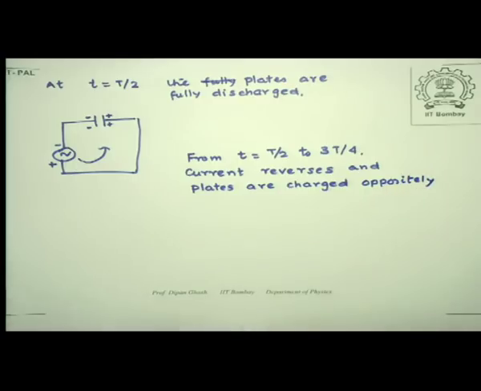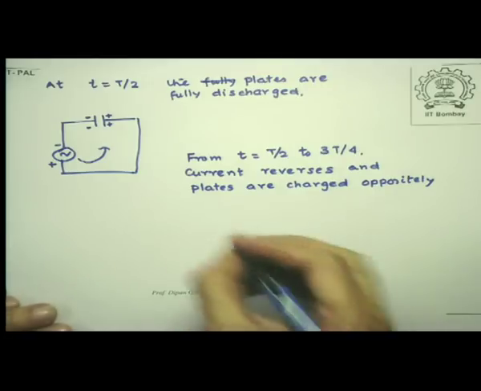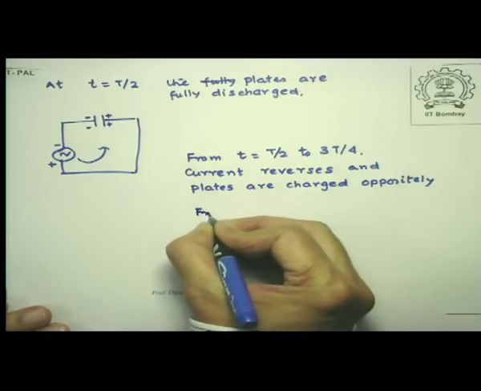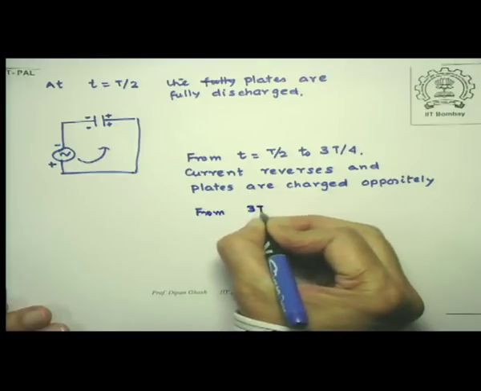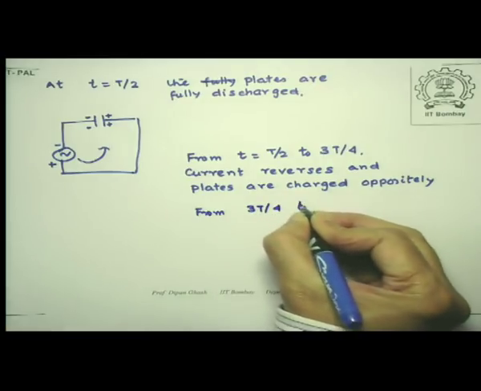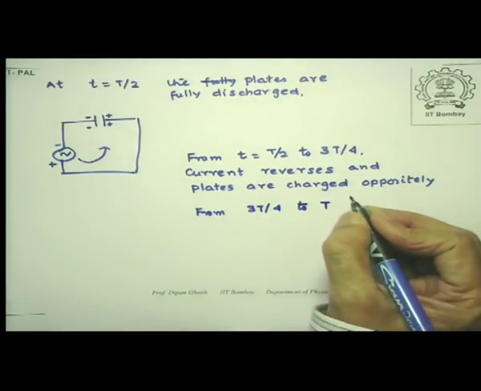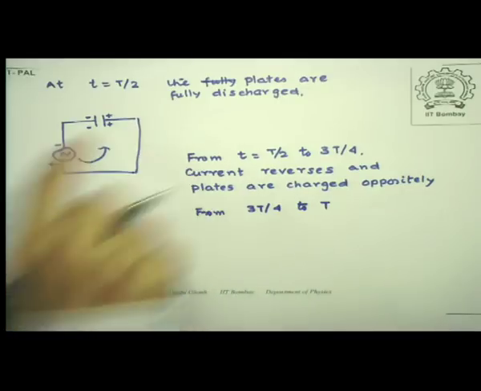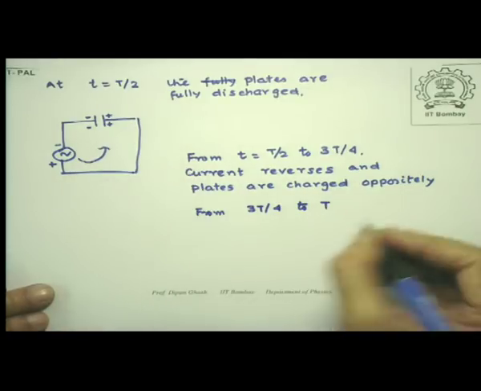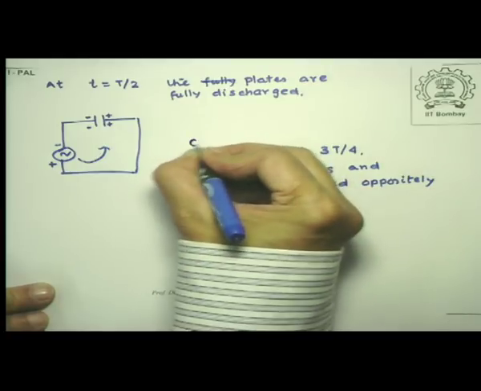Once again, at 3T by 4, the voltage in the negative direction has become maximum, and once again, when you go from 3T by 4 to T, the discharging takes place. So this is the charging circuit again.